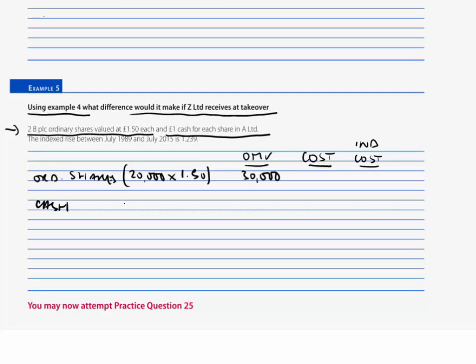We then get cash. What that is, for each of the 10,000 shares held in A, we get, if I show the full calculation, £1 of cash. So 10,000 at £1 of cash is a value of 10,000 and a total of 40. So it's exactly the same exercise as we did when it was ordinary shares and preference shares.